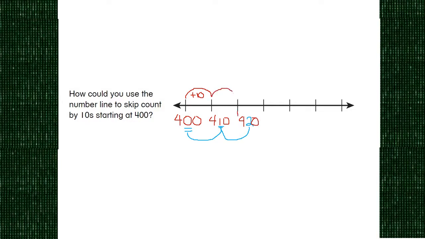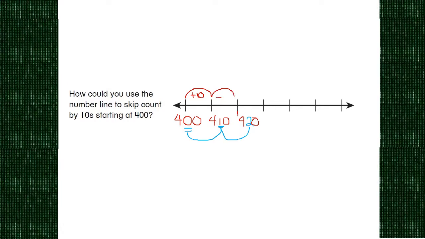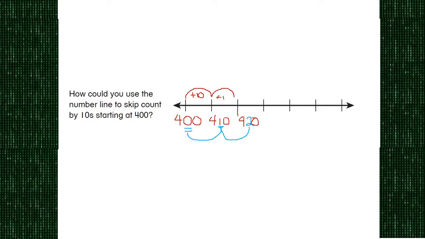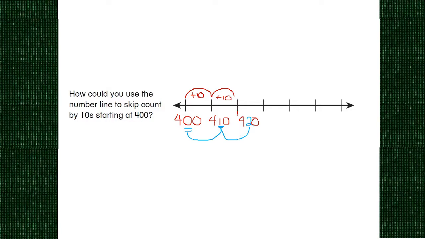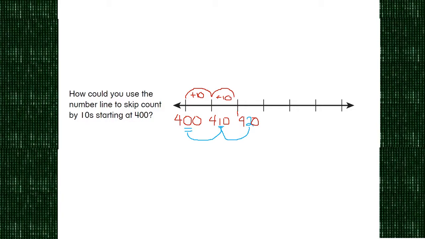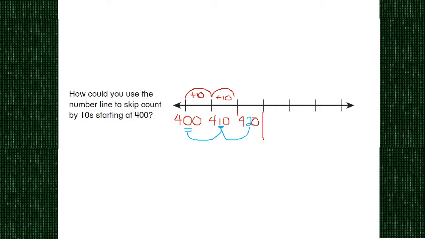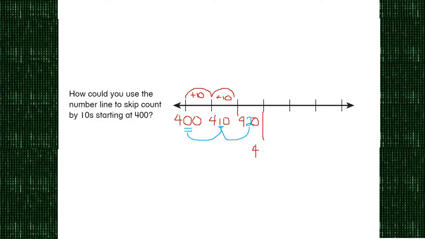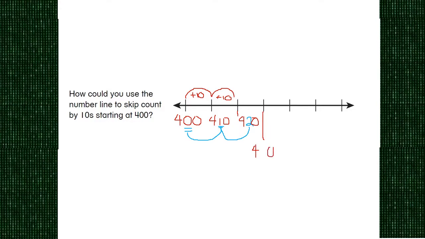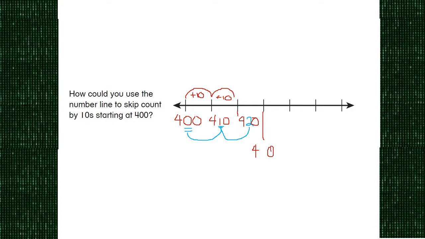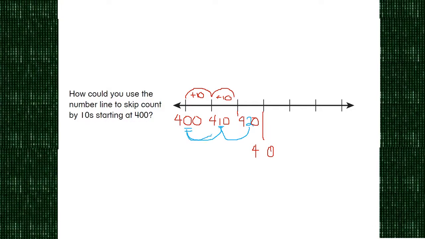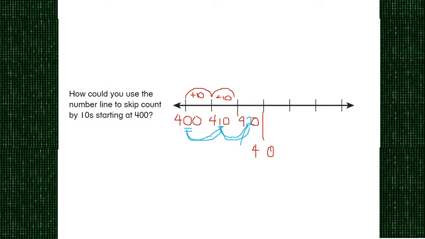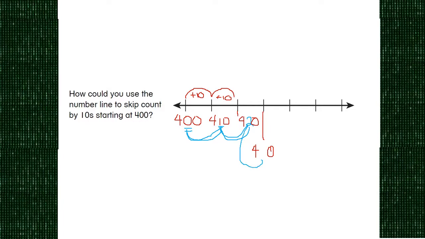Just like adding another arc and a plus 10. Okay? So, what would the next number be? Well, we're in the 400s, and our ones digit isn't going to change. And we've already gone from 0 to 1 to 2. So next would be 3.